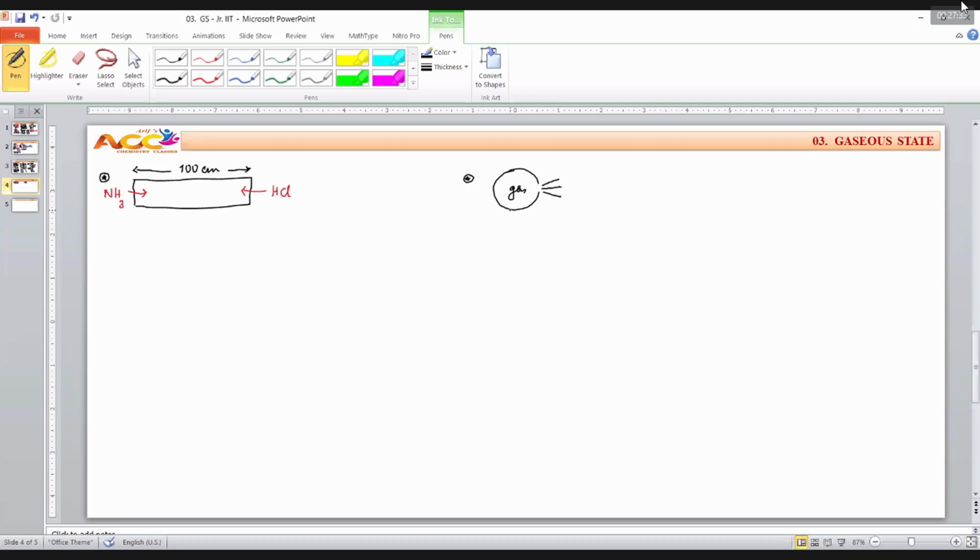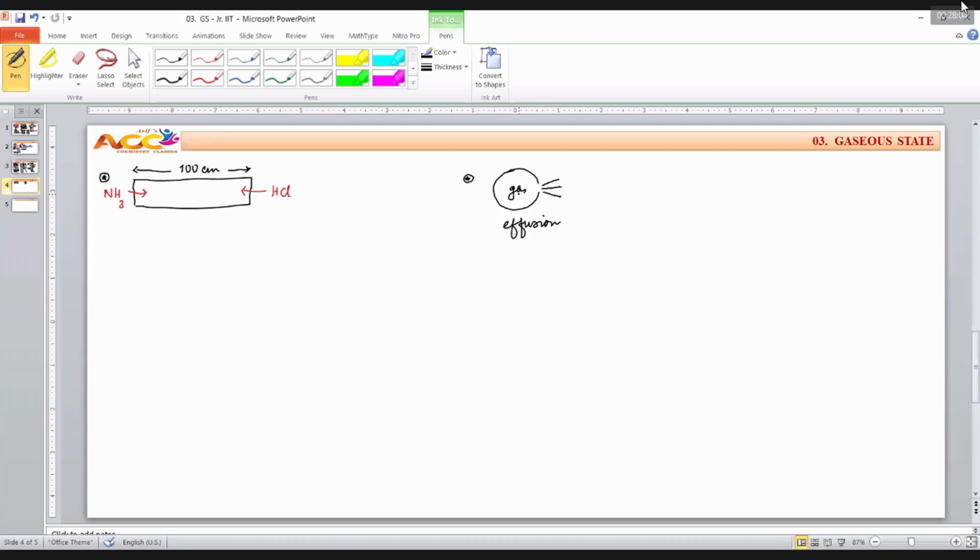In the previous classes, when I gave you characteristics of the gaseous state, I said leaking out, escaping out of a gas through a small aperture is known as effusion. Remember, Graham's law of diffusion is also applicable for the effusion process. From this hole, if the gas is denser, it will come out slowly.